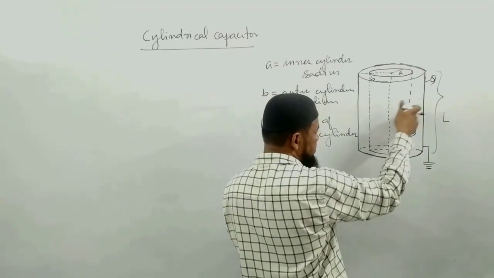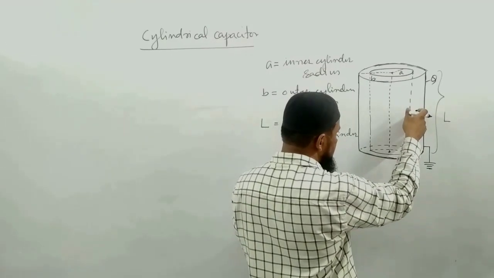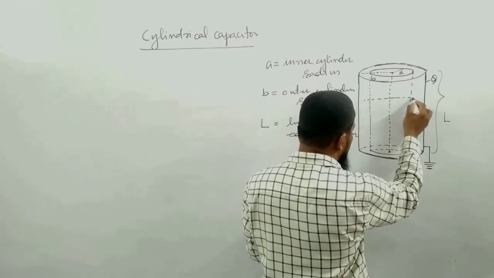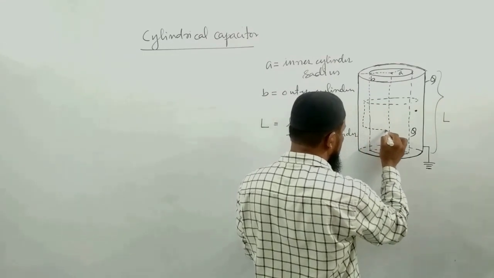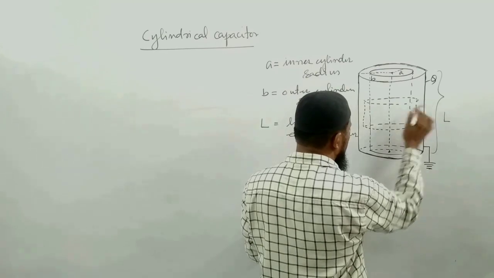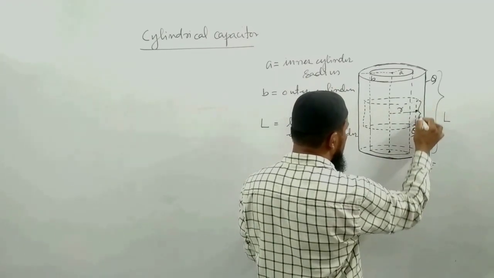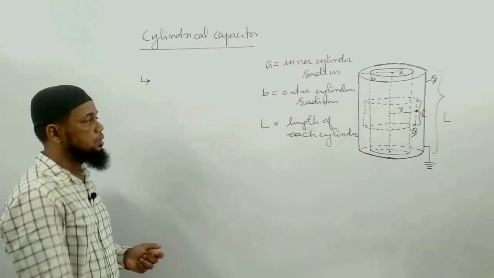To find the potential difference between these two cylinders, we have to find the electric field in the region in between. So we consider a Gaussian surface having radius r and length small l.